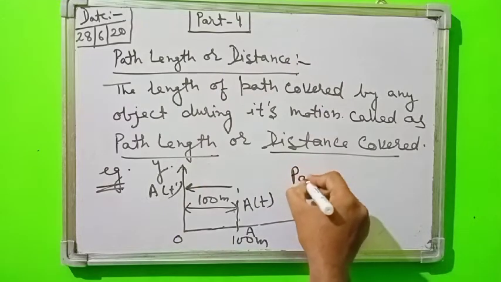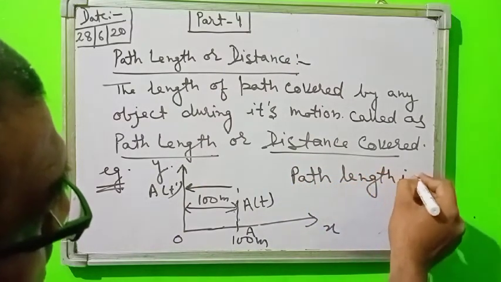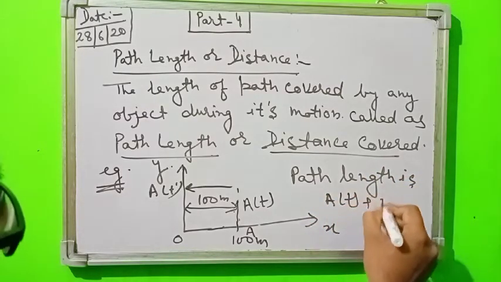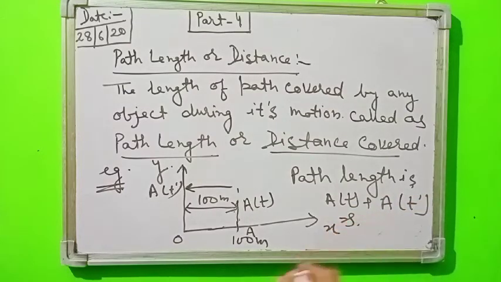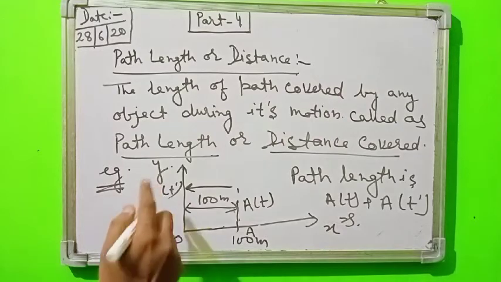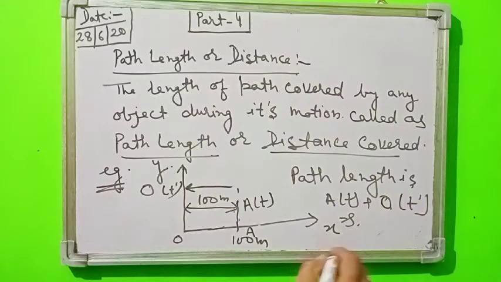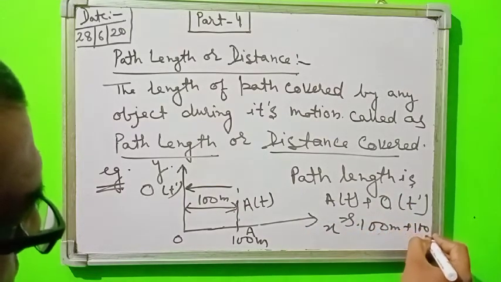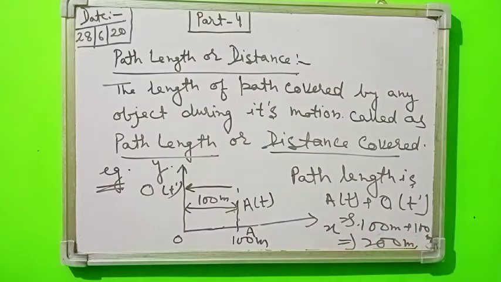So the path length is OA plus AO, or OA plus AO', which is equal to 100 meter plus 100 meter, that is 200 meter.